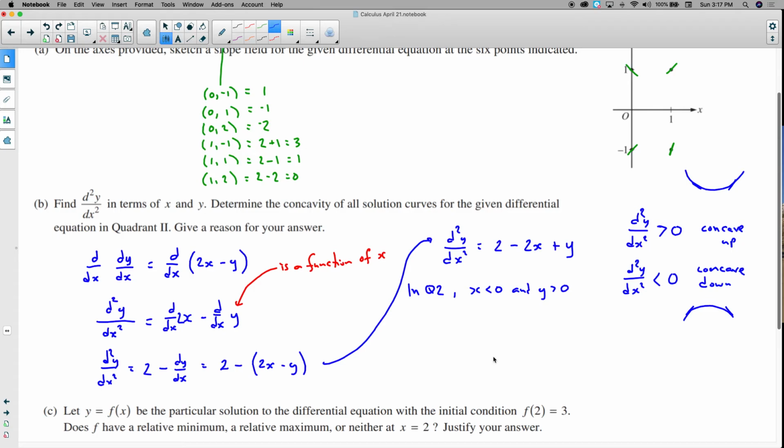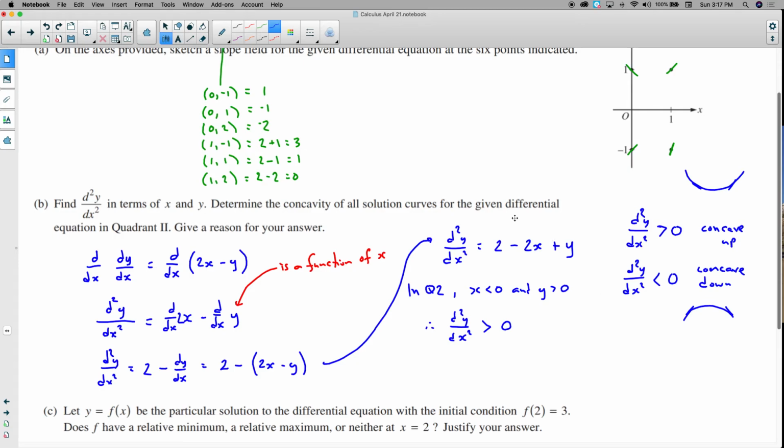You go left and up to get into quadrant 2. And when that's the case, therefore the second derivative is greater than 0.